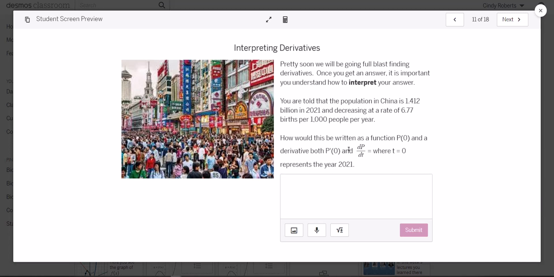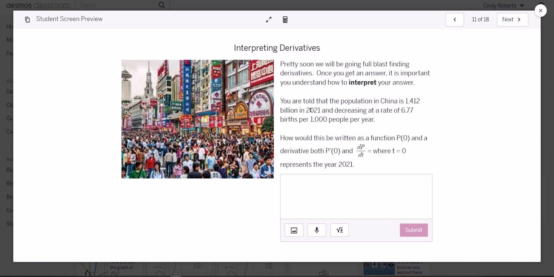And so how would this be written as a function? I'm looking here and it says you are told that the population in China is 1.412 billion. Okay, so that is my population. And typically when you're given years, we would say the initial is at 0.